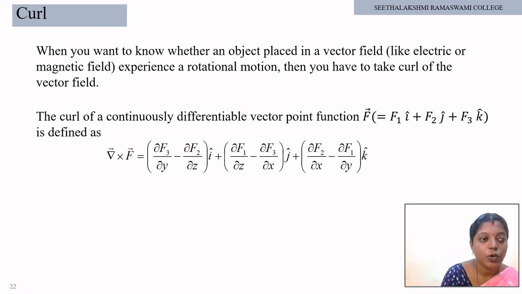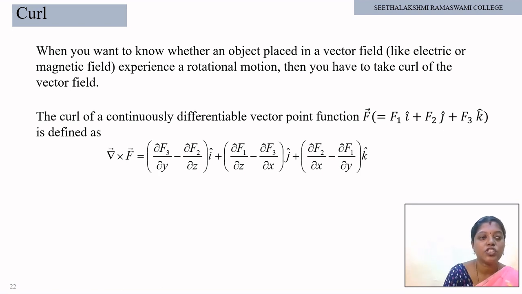The next thing that we need to understand is curl. In physics we come across many vector fields like electric fields, magnetic fields, and many others. Often we need to understand whether these force fields make an object rotate, whether they induce rotational motion or not.